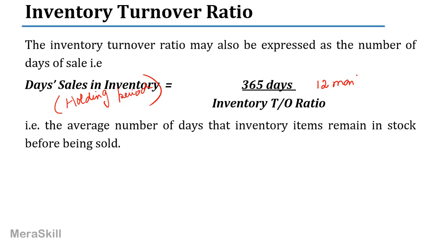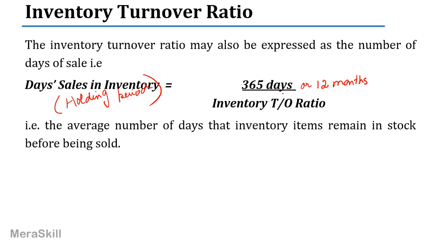If you say 12 months by the inventory turnover ratio, then you get the solution in months. Or if you divide by 365 or 360, sometimes they take 300, because 300 may be roughly the number of working days.